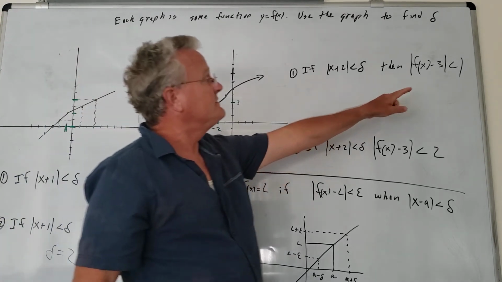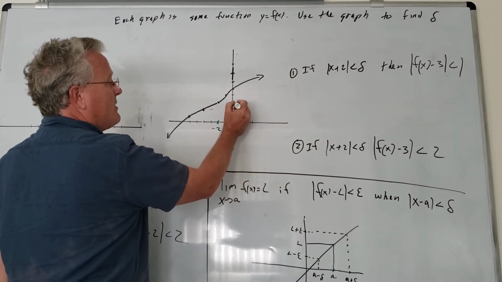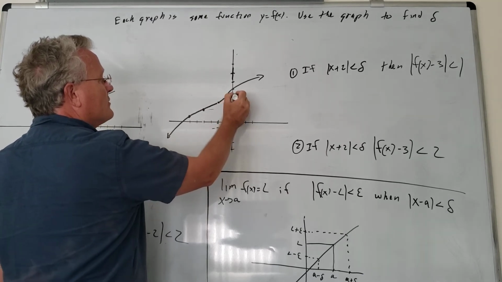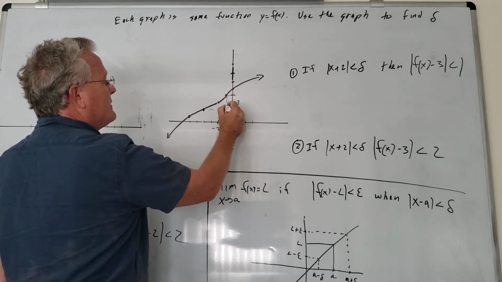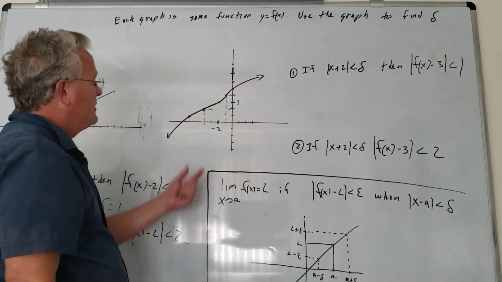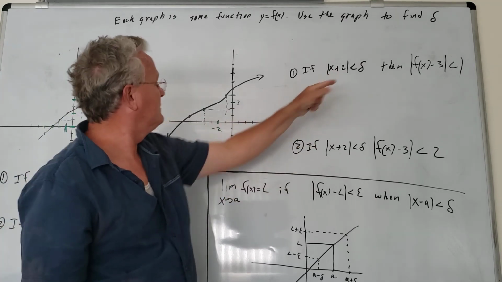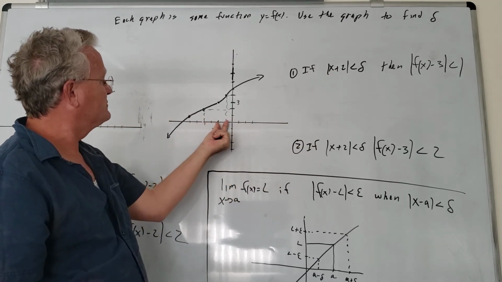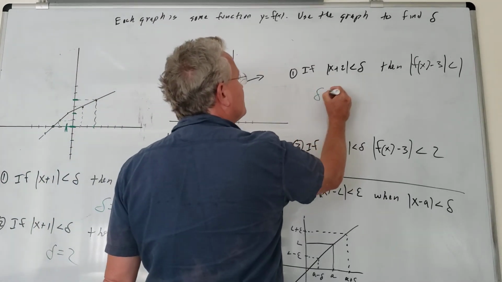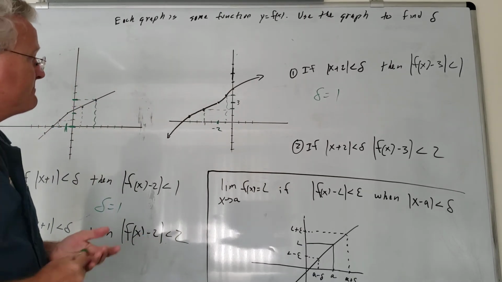Now our epsilon in the first example is 1. So we go up 1 and down 1 from our limit L of 3. Go to your graph and down, go to your graph and down. Look at the two distances relative to our -2. This distance is 2, this distance is 1. 1 is smaller than 2, so our delta value has to be 1 or smaller.